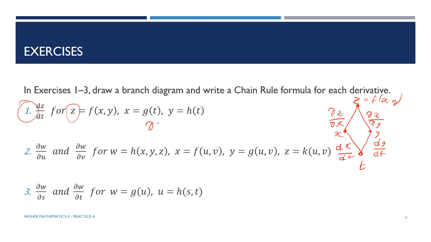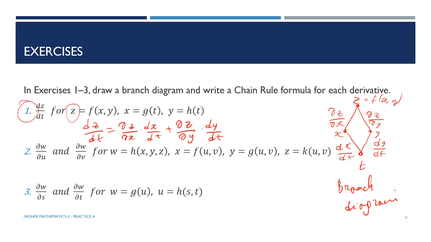Then writing the chain rule gives me dz dt, not the partial derivative, equals the partial derivative of z with respect to x times dx dt, plus the partial derivative of z with respect to y times dy dt. This is the formula, and that is the branch diagram.